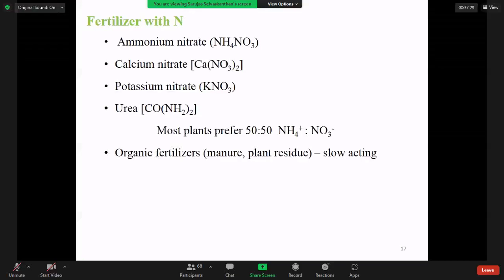For this you can apply ammonium nitrate or urea, or if you are willing to apply organic fertilizers instead of the inorganic ones, you can apply manure, plant residues and poultry manure. But it is slow acting. Only after a certain period of time can you cure your plant.